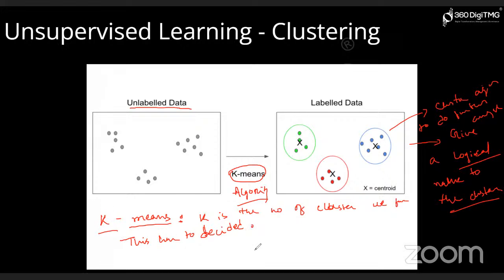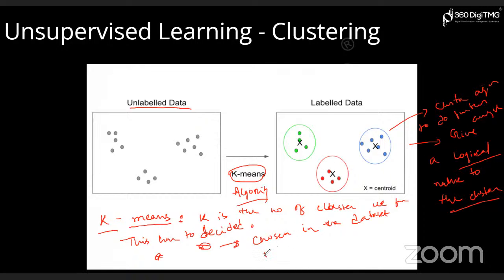Once this is done, that many centroids are randomly chosen in our data set. Once these centroids are chosen, next we start clustering.